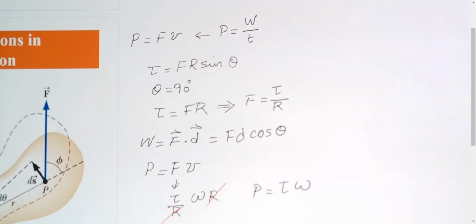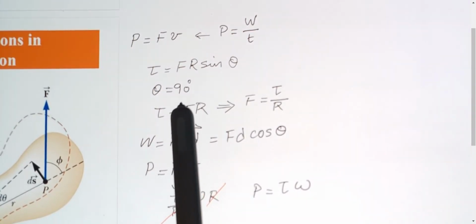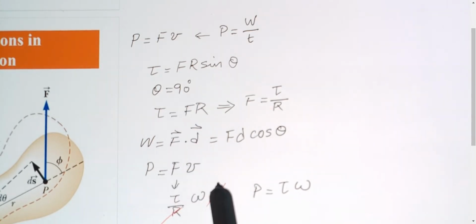But if we have angular motion, with a force acting on the object, power will be torque multiplied by the angular speed. I hope these equations are given in the formula sheets.